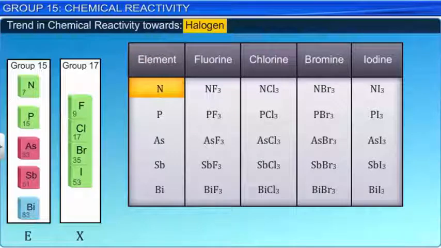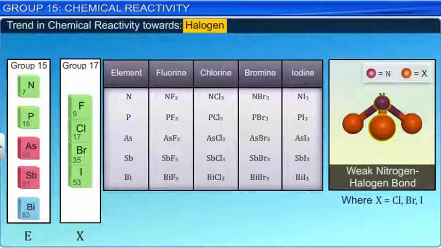In case of nitrogen, only nitrogen trifluoride is stable. Nitrogen trichloride, nitrogen tribromide, and nitrogen triiodide are unstable due to the large difference in the size of the nitrogen and halogen atoms, which weakens the nitrogen-halogen bond.